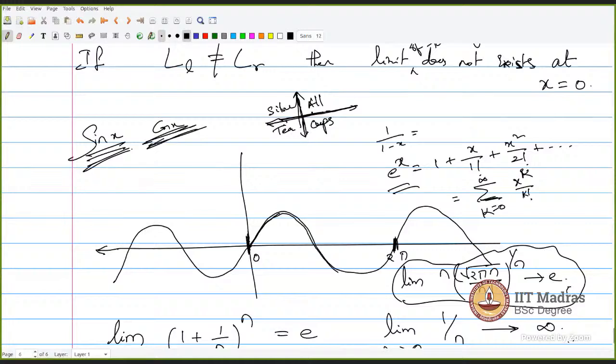When I say all, you write it in the first quadrant, then second quadrant, third quadrant, fourth quadrant. This is ASTC, the same thing. If you want to remember it as a statement, remember: all silver teacups. So all means every sine, cos, tan, cot, cosec, secant, everything will be positive in this quadrant.